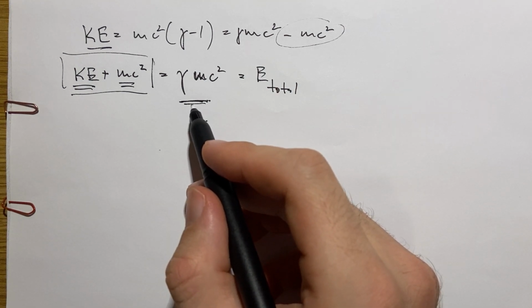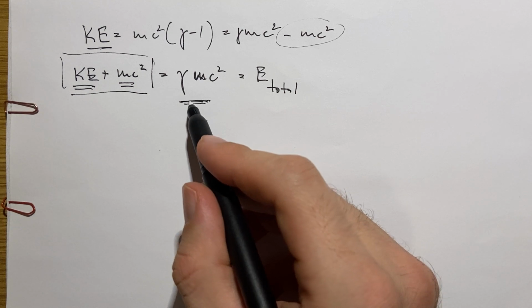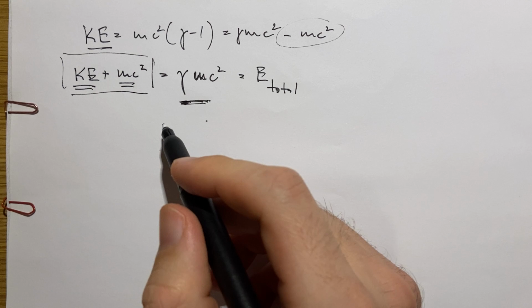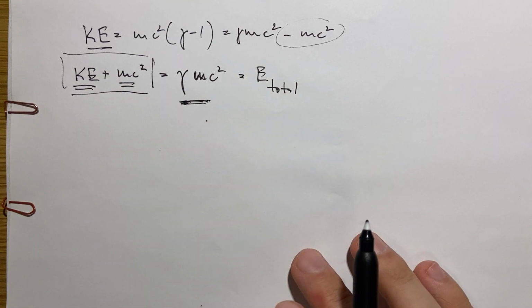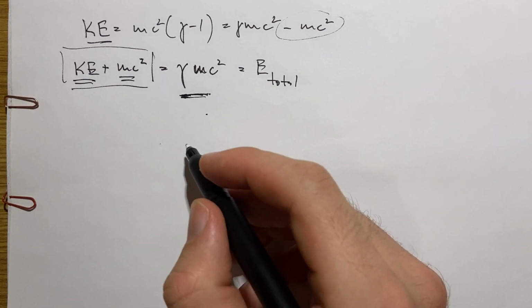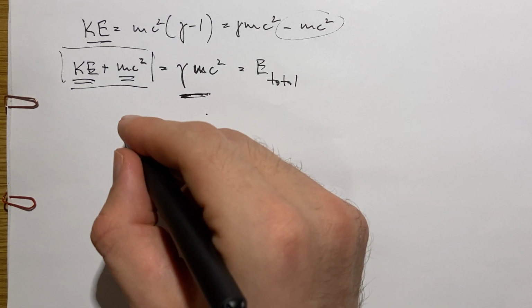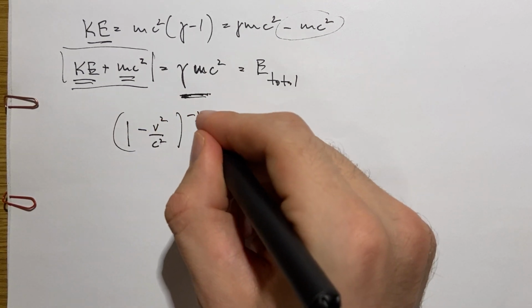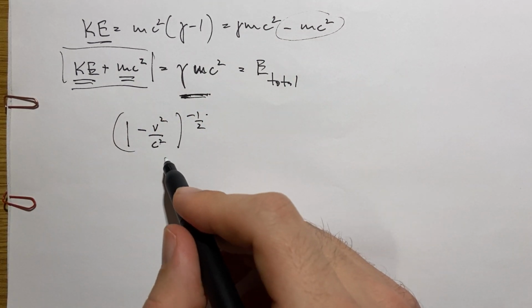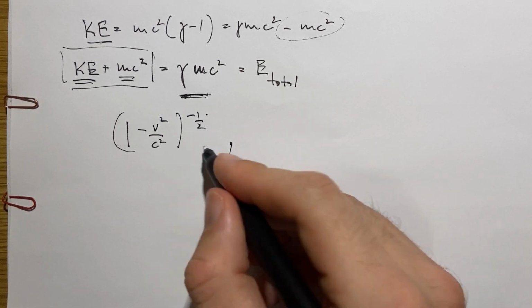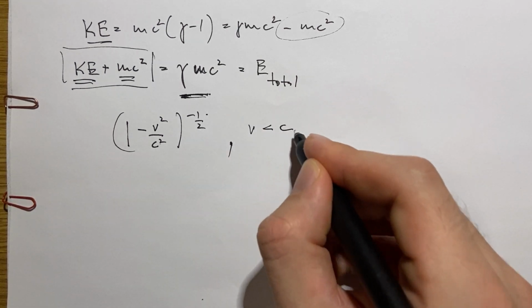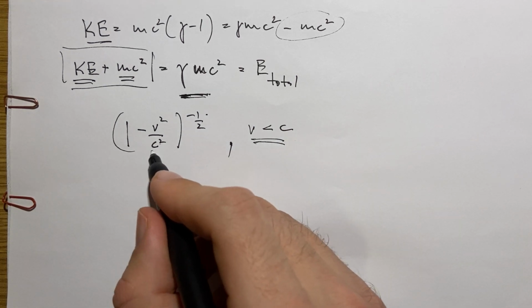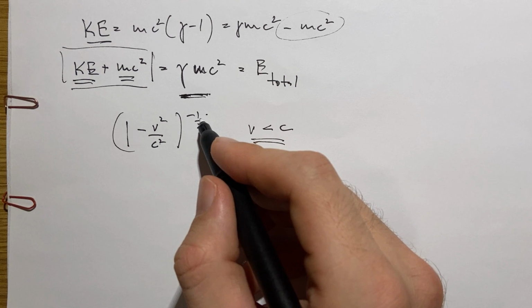Yeah, so should we try and see what else this gamma function has to offer us, because we would like to relate that somehow to what we can experience. So if we write the gamma function as 1 minus v squared over c squared to the power of minus a half, and for things that we can experience, v is always going to be lower than c, always lower, which means that this expression is a binomial with a power.